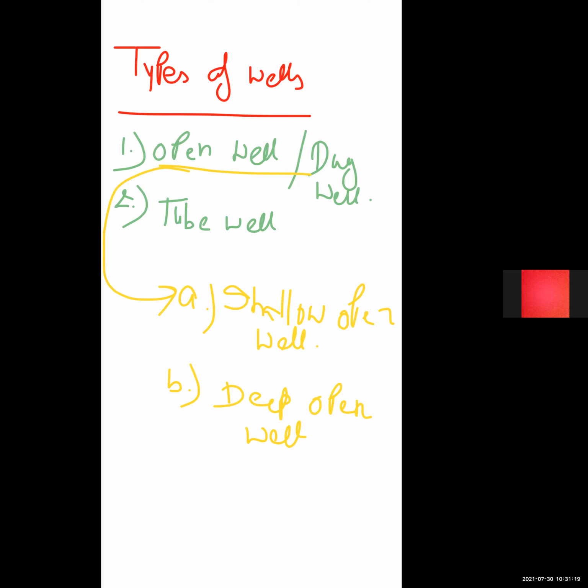A shallow well is one which rests in the pervious stratum and draws its supply from the surrounding material. On the other hand, a deep well is one which rests on an impervious layer, that is the hard layer, and draws its supply from the pervious formation lying below the layer.